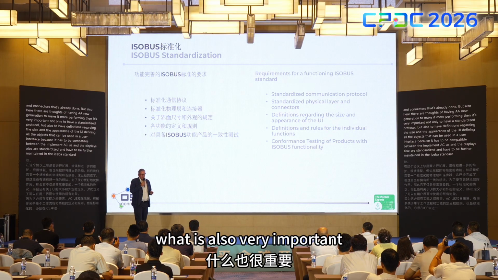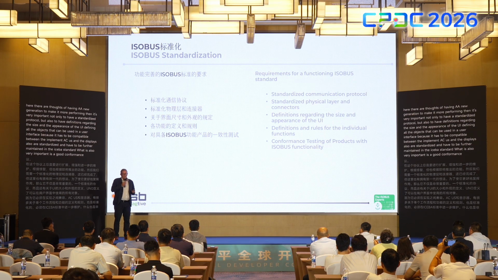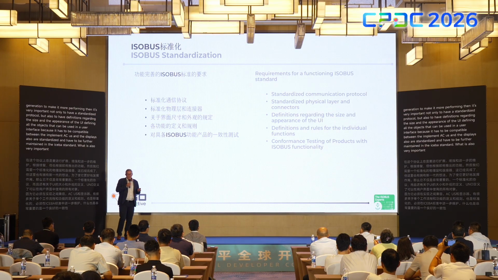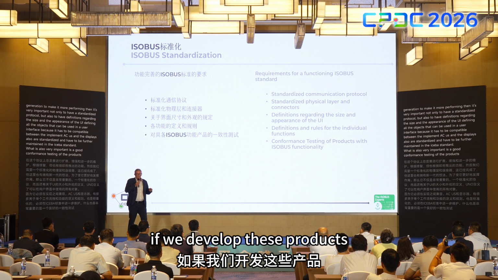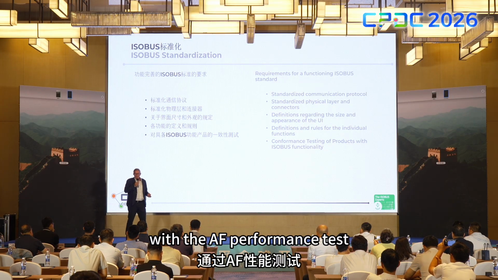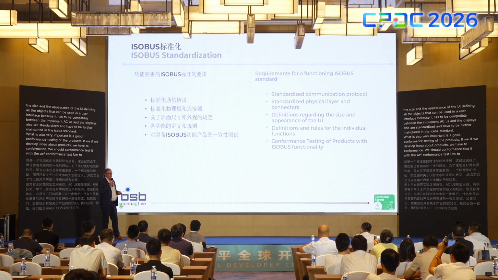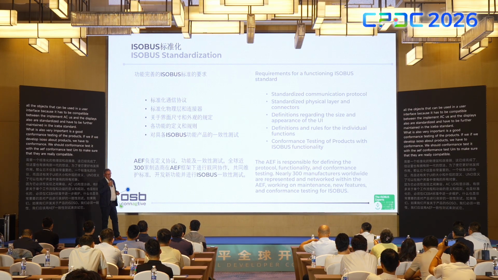What is also very important is good conformance testing of the products. So if we develop ISOBUS products, we should conformance test them with the AEF conformance test to make sure that they are really compatible with the ISOBUS standard.